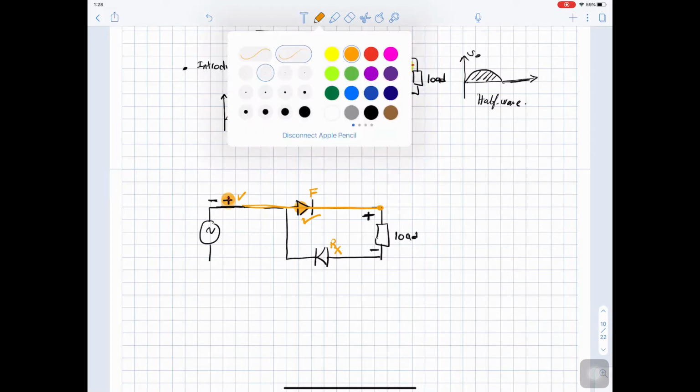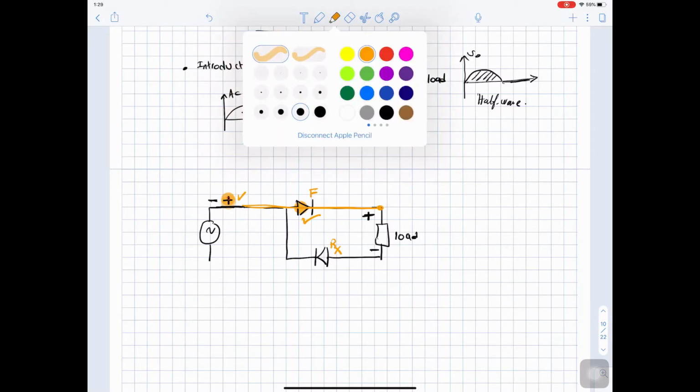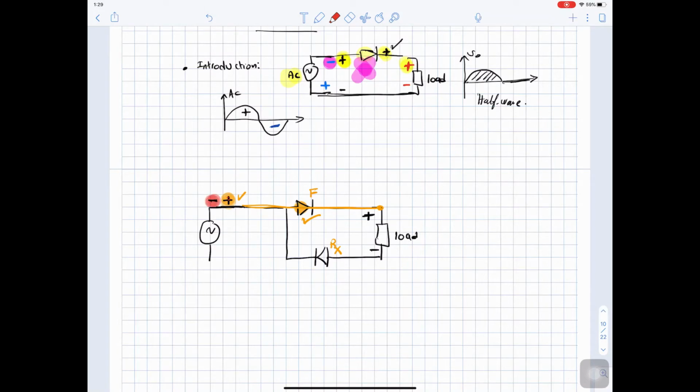Now when the source is negative, here we have a negative which will make this diode reverse or open circuit, and if we have a negative here, this diode will be forward and this negative will go to the negative, which means the positive cycle will go up while the negative cycle will go down.